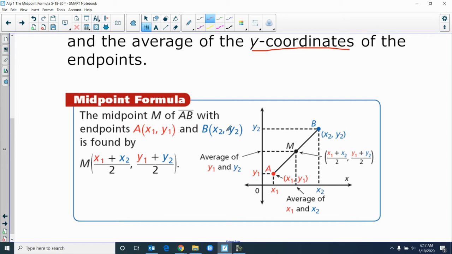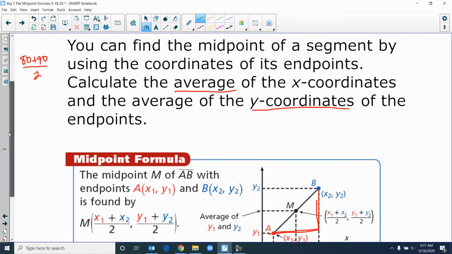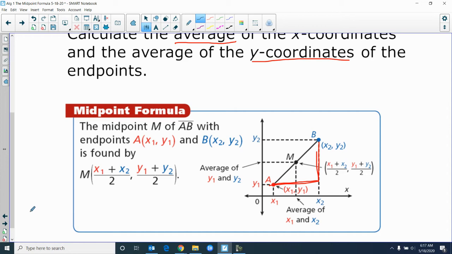And B is x sub 2, comma, y sub 2. Then you add the x's together and you add the y's together. We have to go halfway between the x's, which is the horizontal distance, and halfway between the y's, which is the vertical distance. So just add up the x's, add up the y's. And that's essentially it.